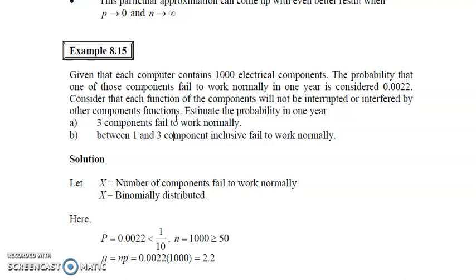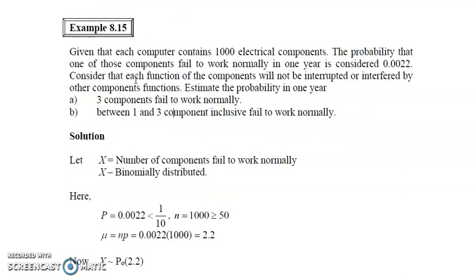You may read this question again on your own, but just proceed. If you look at the question, try to extract the information. You can put here: x is equal to the number of components that fail to work normally, and x is binomially distributed because the components either fail or do not fail.